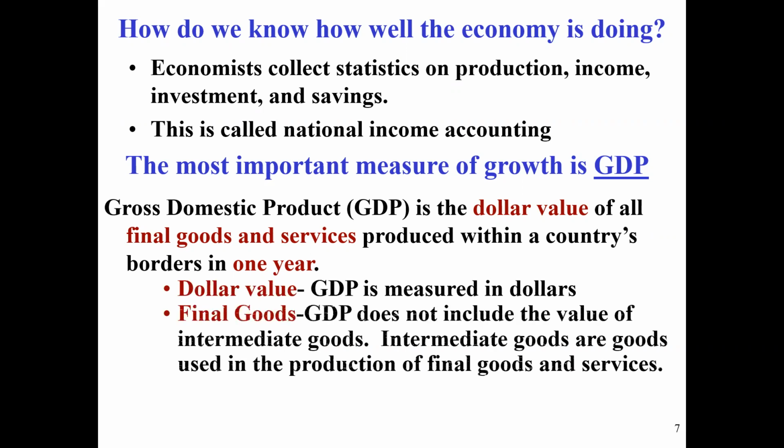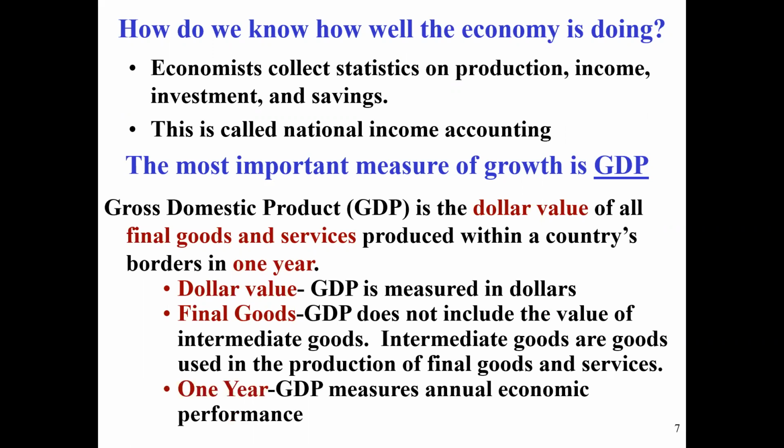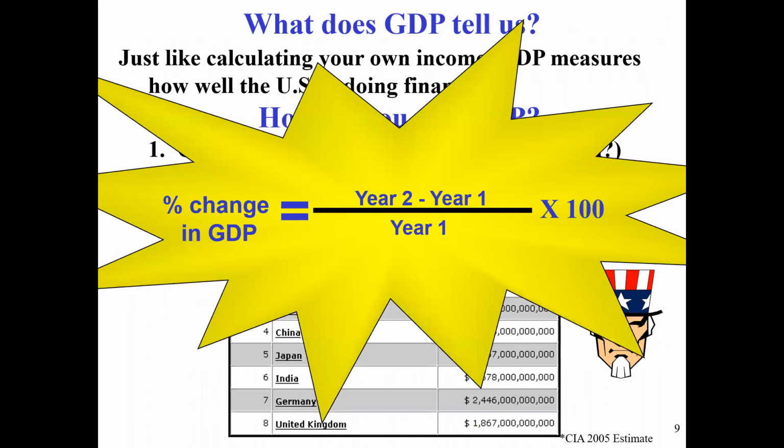Okay, so it's measured in dollars, and does not include the value of intermediate goods. So the sauce on a pizza is an intermediate good. The easiest way to think of final goods is the goods that the end user, the consumer, gets. Okay, and then one year is usually the time period.